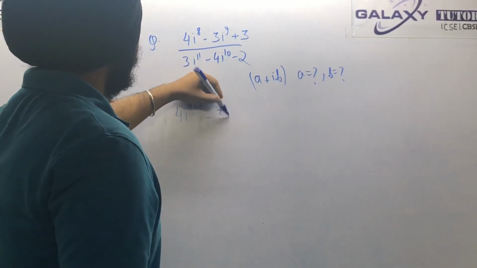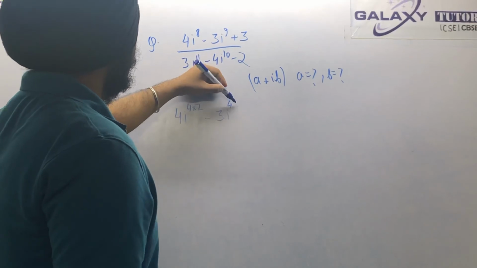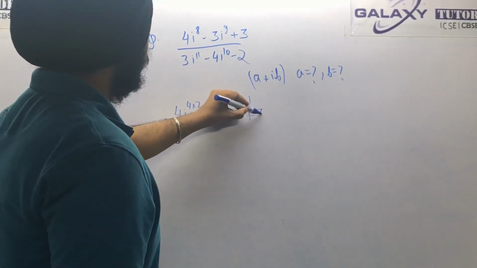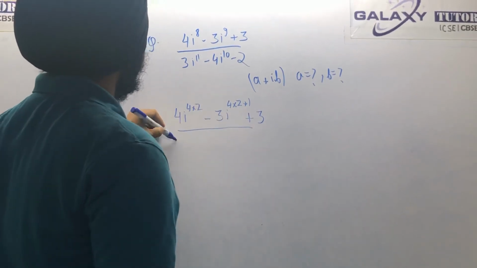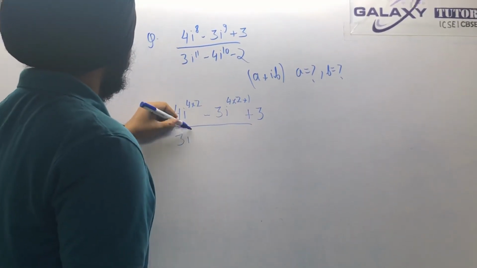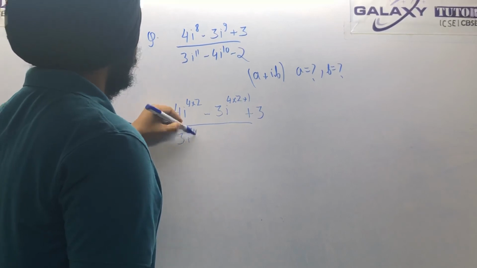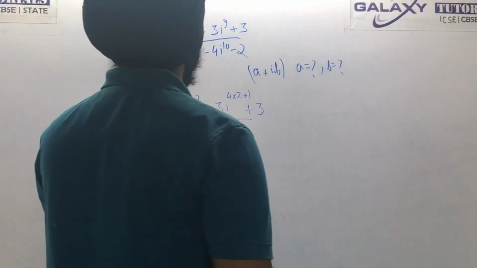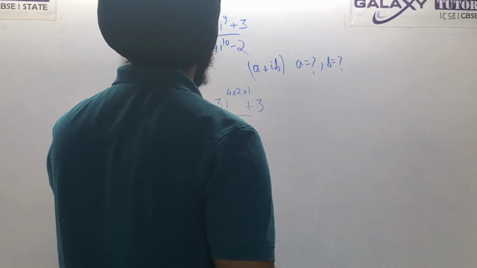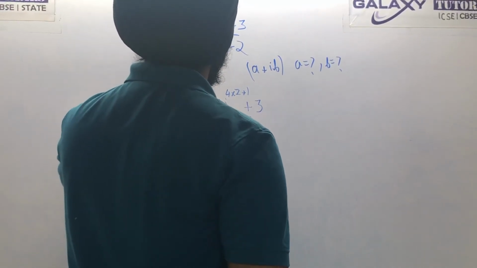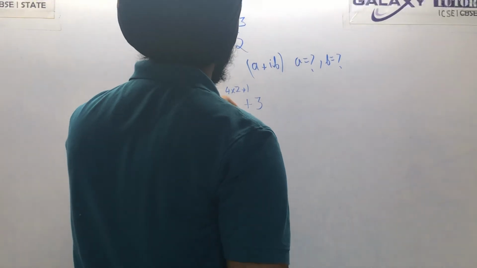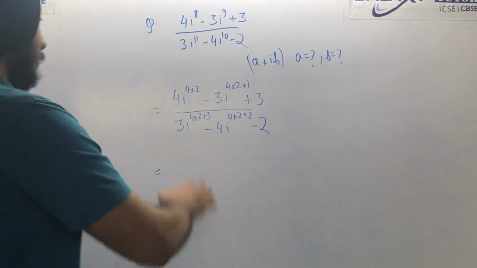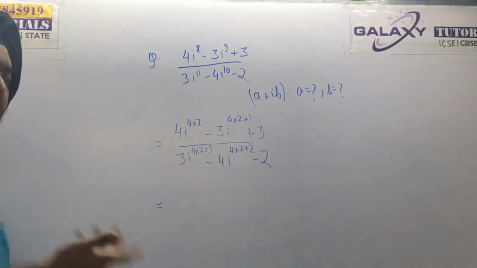Minus 3 i to the power 4 into 2 plus 1, plus 3, divided by 3 i. How can you write 11? 4 into 2 plus 3. Last is 10: minus 4 i to the power 4 into 2 plus 2, minus 2. Okay. So these are all multiples of 4, so they will become 1.